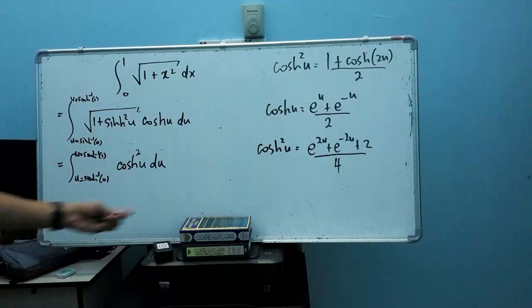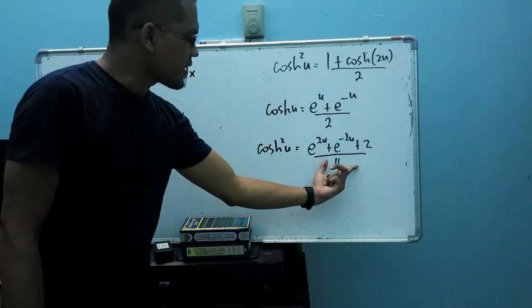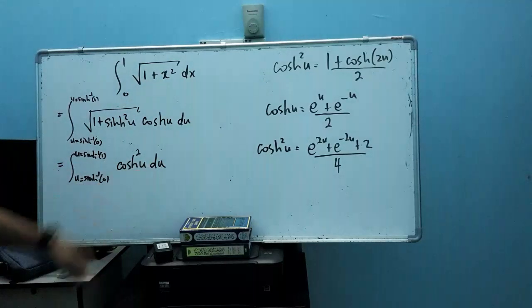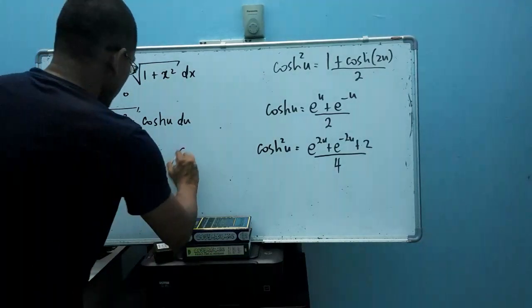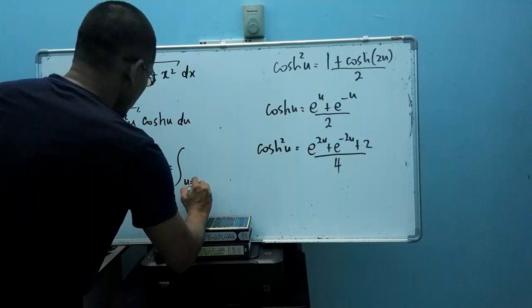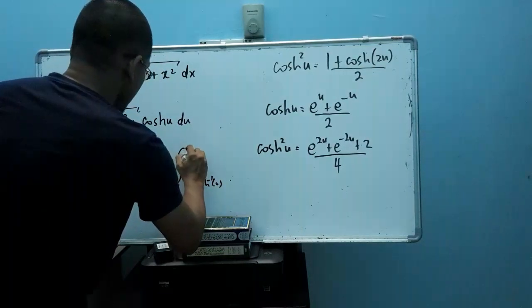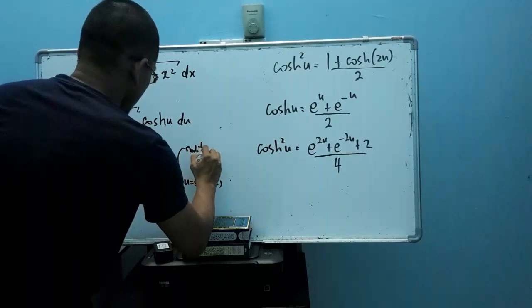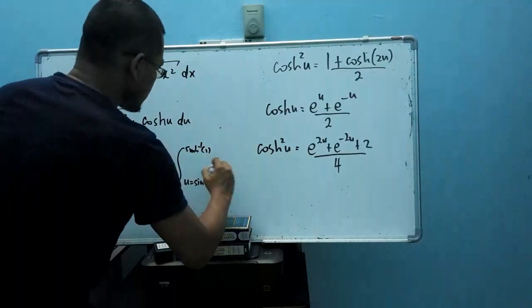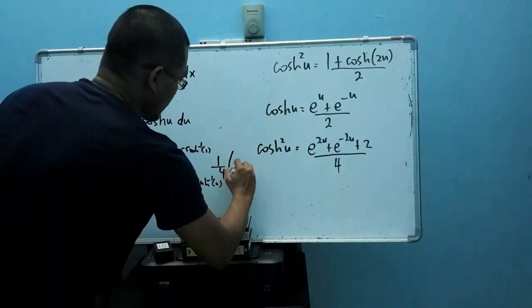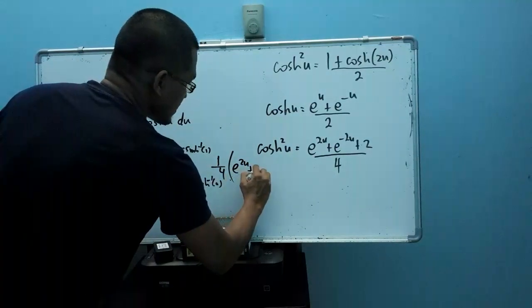So I can just substitute this into this one. When I substitute, I will have u from sinh inverse 0 to sinh inverse 1, and now I will have something like 1 over 4, and then I need to integrate this.